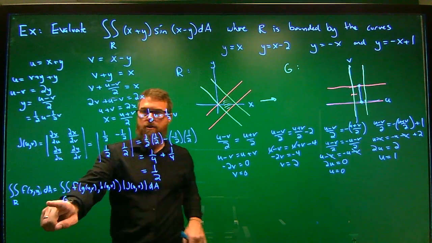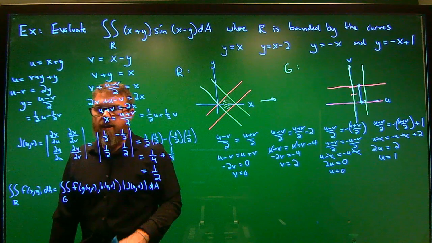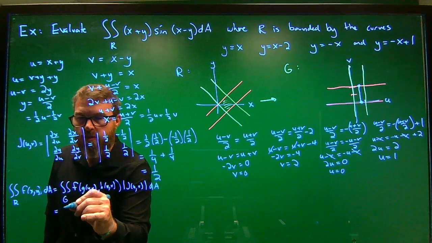Now these are going to be in x and y's, these are going to be in u's and v's. All right, so setting this up, this is going to now be equal to the integral.